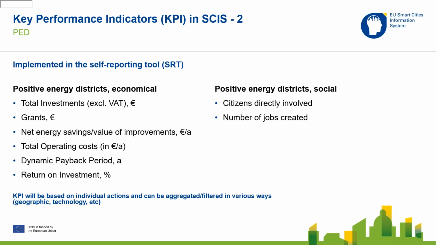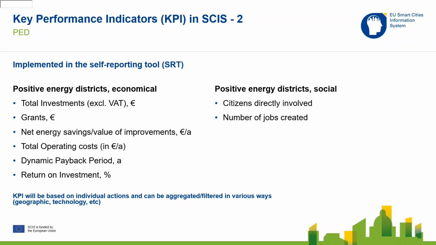So you could also argue that there are savings or improvements in quality of life, and of course that's difficult to monetize. But in this case, we can only express improvements in terms of money, in terms of being able to calculate payback, etc. So that's why we added the value of the improvements also in this category.